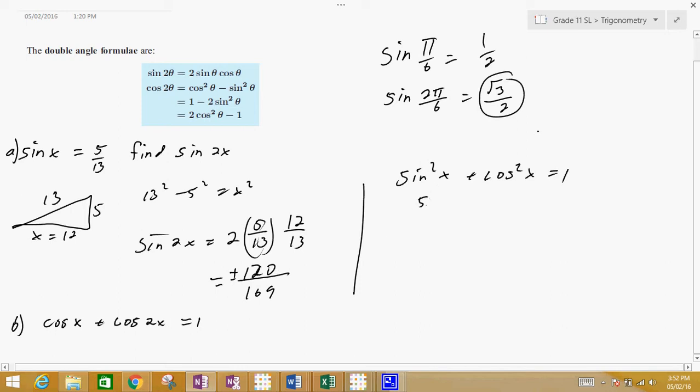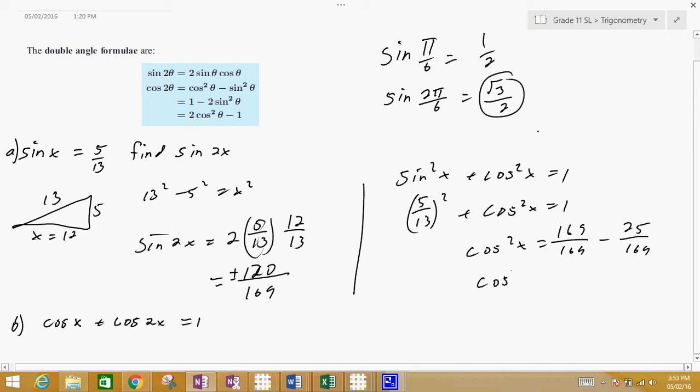And if sine x is 5 over 13, then cosine squared x is equal to 169 over 169 minus 25 over 169, and then cosine squared x is equal to 144 over 169, and therefore cosine x is equal to 12 over 13 plus or minus. This would get us the same answer as before, and we can solve for sine 2x.